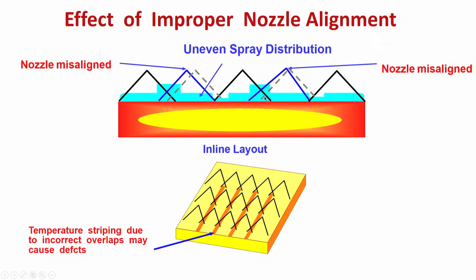You see, this area you have more water, that means more overlapping, this area you have less water, that means almost no overlapping at all, or underlapping you can say. So, what is the consequence? Because of that there is a temperature differential on the surface of the slab at certain locations, and consequently there will be stress generation and finally formation of cracks, possibility of reheating crack formation.